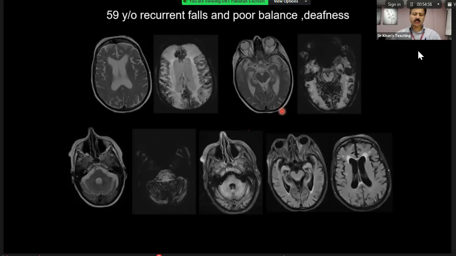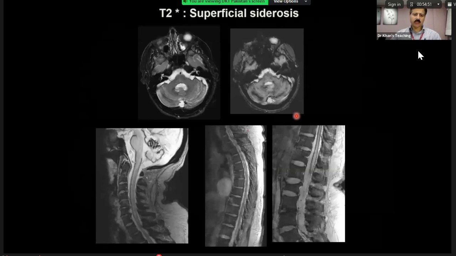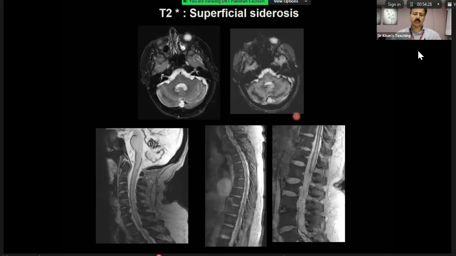Sometimes there is a condition we call siderosis, where a patient has chronic subarachnoid hemorrhage, maybe post-traumatic, at times because of vascular malformations, or even tumors. This deposits on the leptomeninges, usually in the basal cistern, around the cerebellum, pons, etc., and in this case also on the spine, and you can see how it is low signal on T2 weighted sequence.